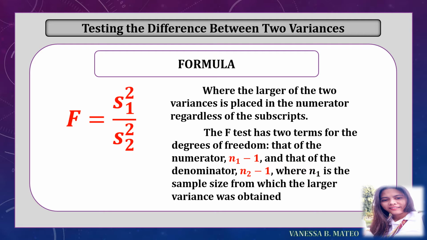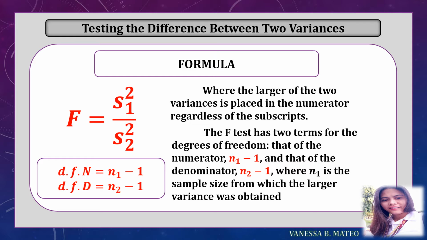The degrees of freedom are denoted as DFN, or degrees of freedom numerator, and DFD, degrees of freedom denominator. And always remember that the numerator in this formula is given by the larger variance regardless of the sample size and subscripts.